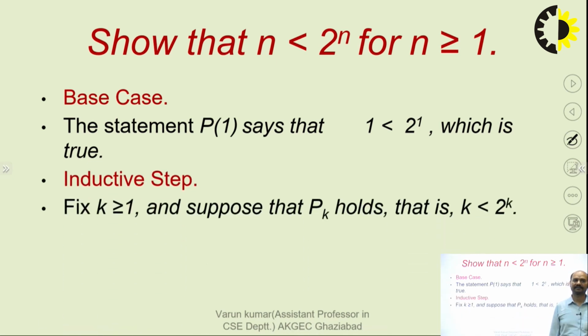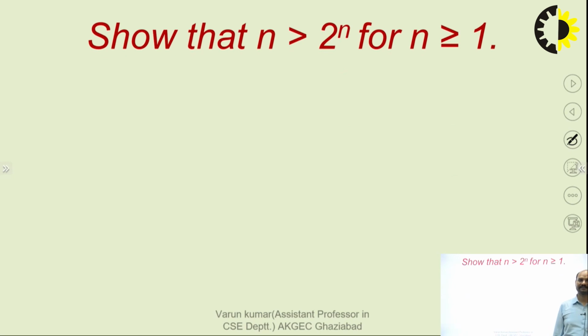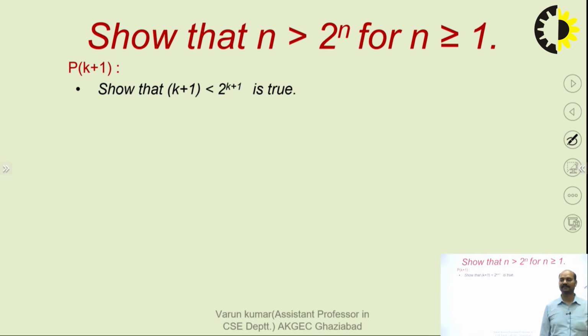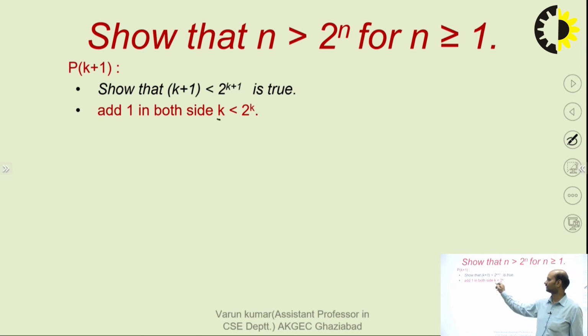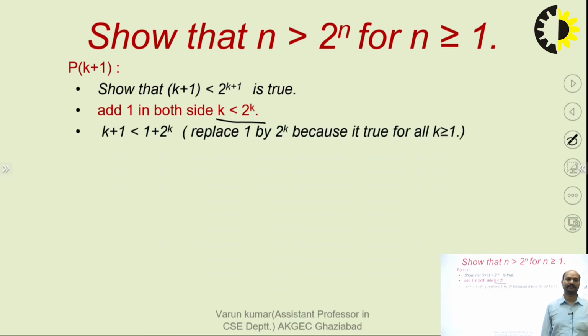For the inductive step, we assume that it is true for Pk, that is k is less than 2 to the power k, and we have to show that it is also true for Pk plus 1, that k plus 1 is less than 2 to the power k plus 1. Adding 1 on both sides, k plus 1 is less than 1 plus 2 to the power k.